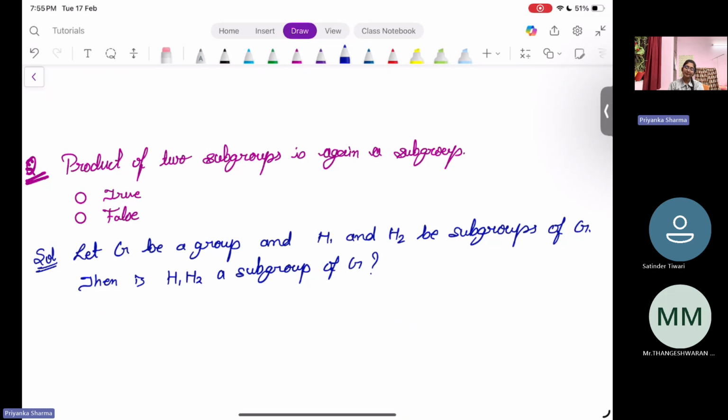Is it true, or can we have a counterexample?